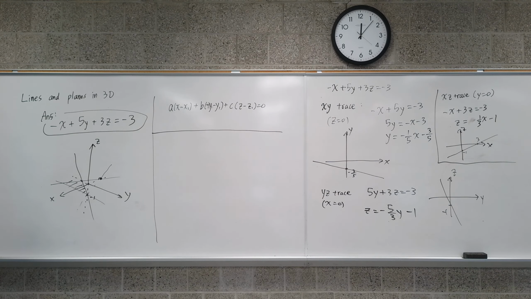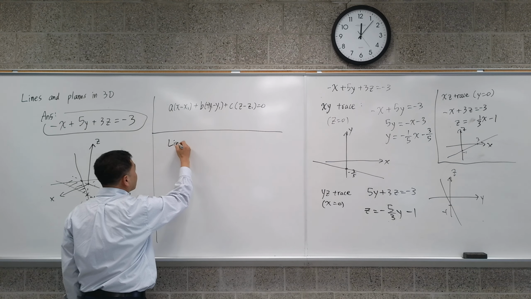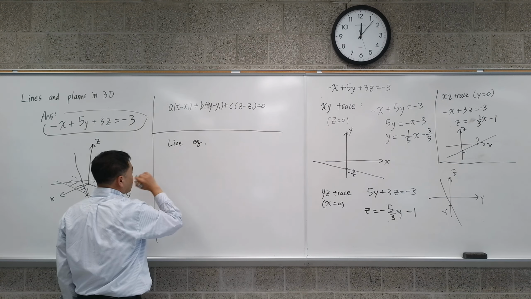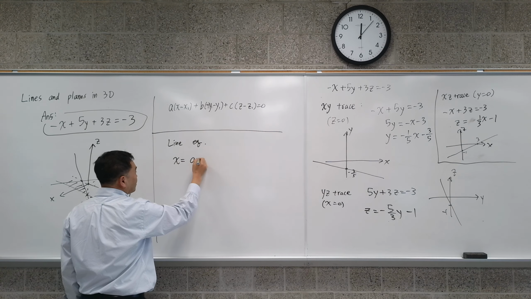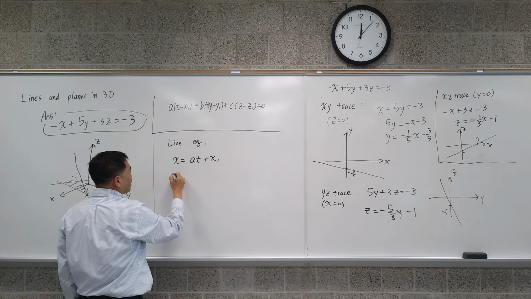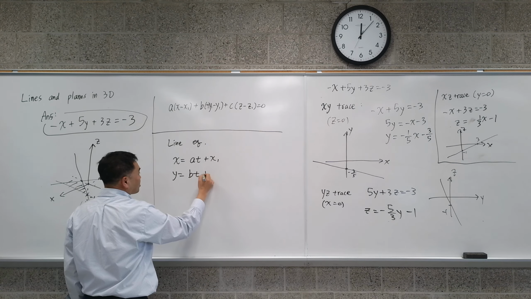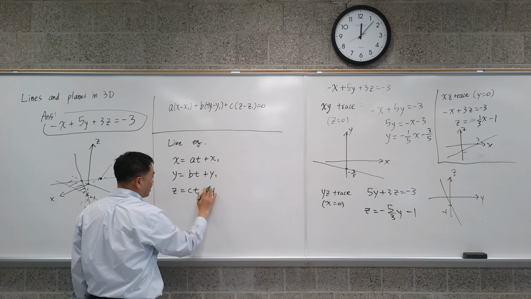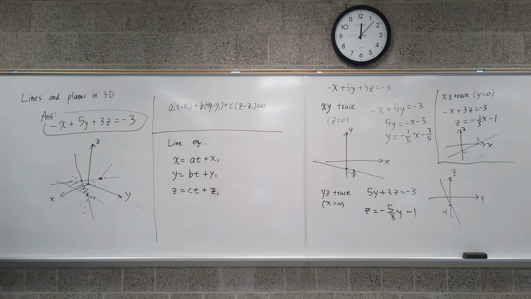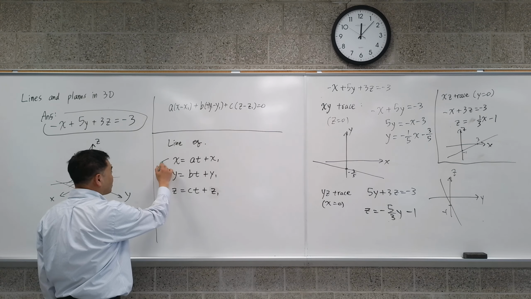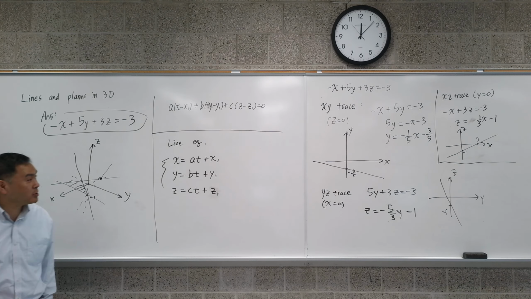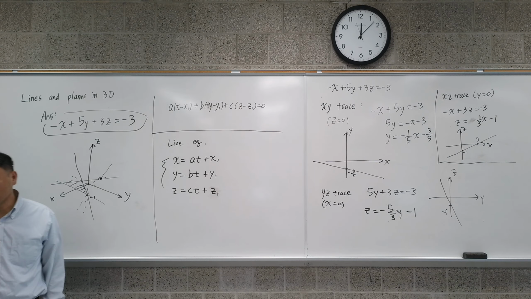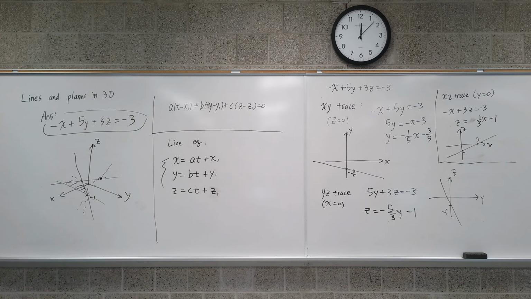For the lines, you do something like x equals at plus x1, y equals bt plus y1, and z equals ct plus z1. And I'll try to convince you that what you're seeing is a line equation, the parametrized version of the line equation.